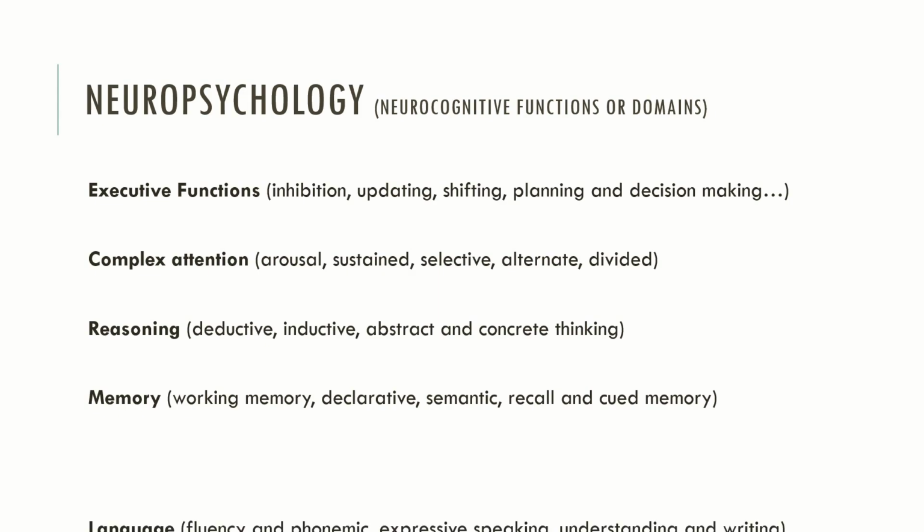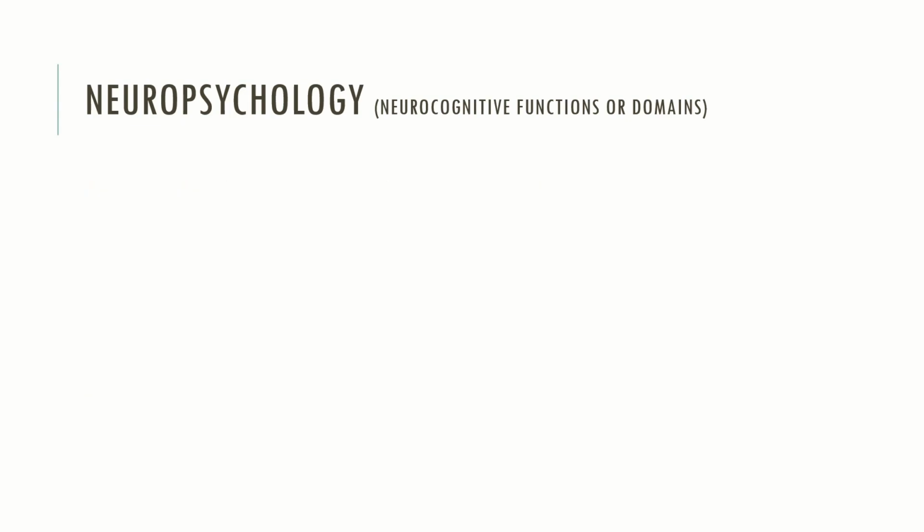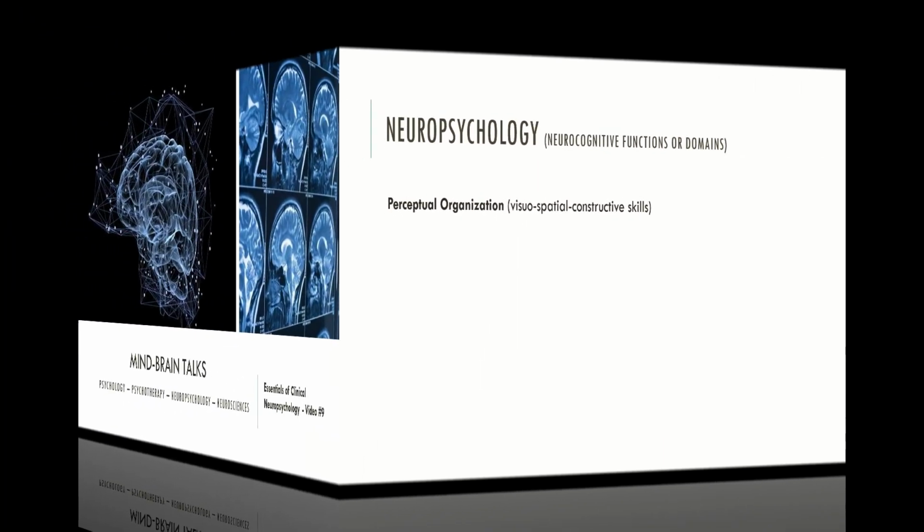Language. Language is also very important for everyday life, and that's why a clinical neuropsychologist is very focused on language. Within this domain we can find fluency, expressive speaking, understanding and writing. Perceptual organization is also a hot topic because it has lots of impact in everyday life.